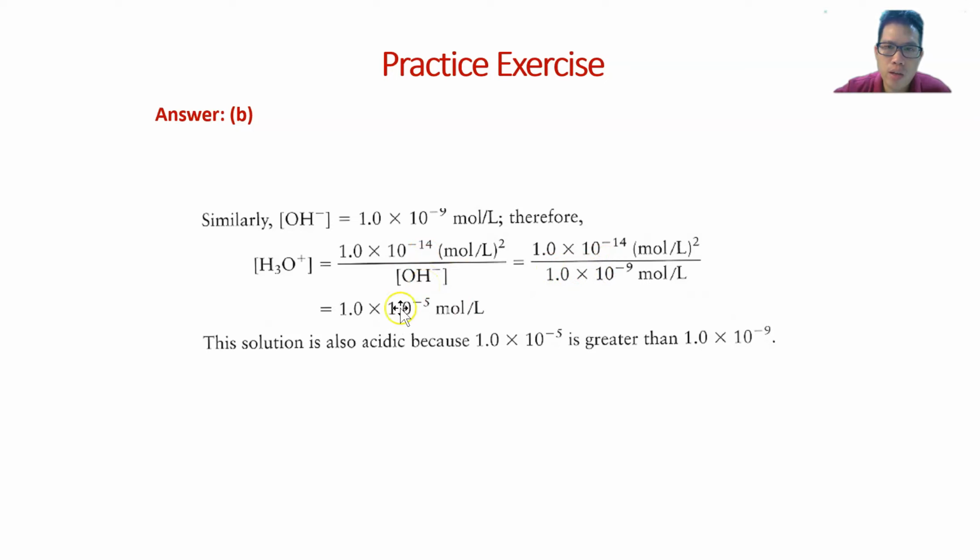After dividing it is 1 times 10 to the negative 5. Is this concentration greater or the OH greater? In this case, the concentration of this is greater, and this one is less. So this is an acidic solution. So using all this, you can determine whether a solution is acidic or basic.